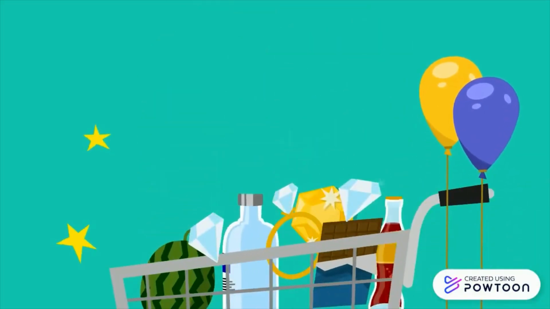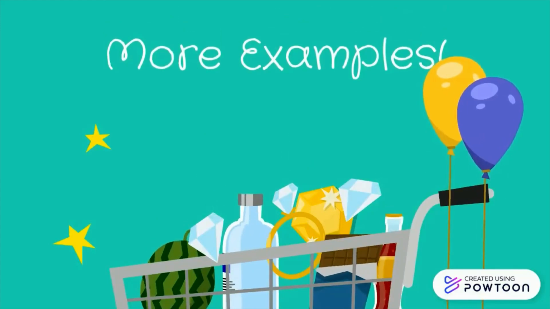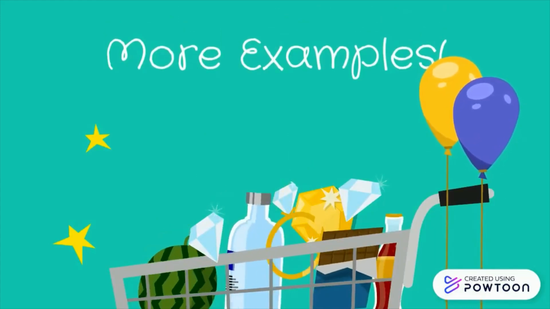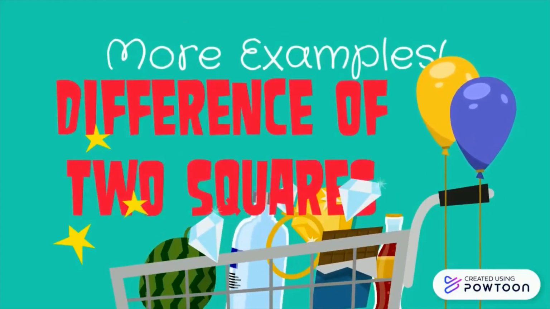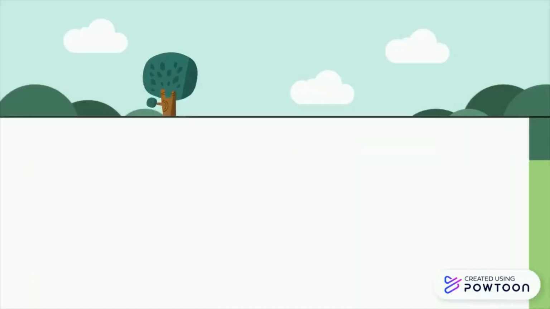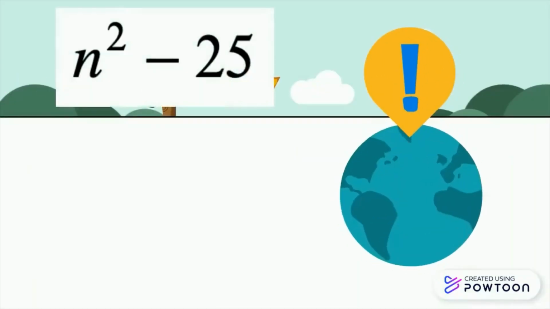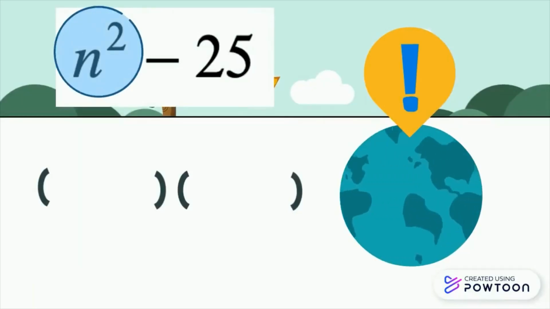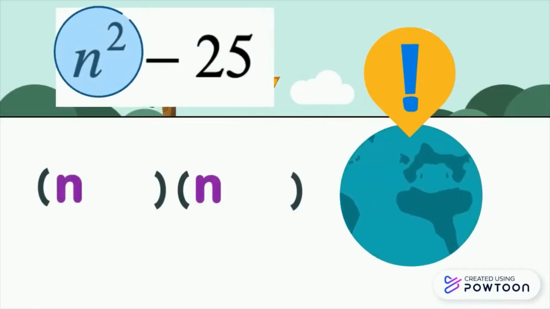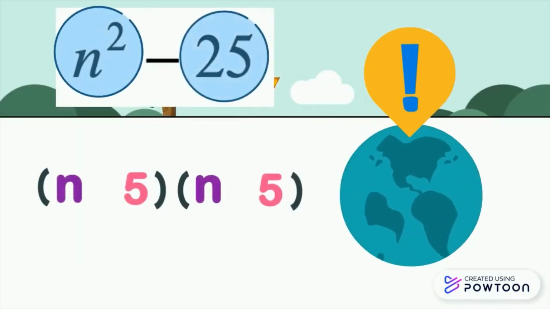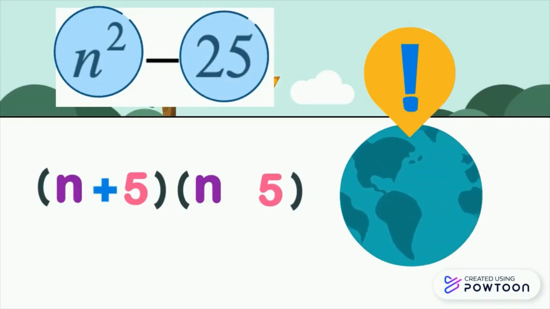Let us have more examples of factoring the difference of two squares. The square root of n squared is n. The square root of 25 is 5. The factors are quantity n plus 5 times the quantity of n minus 5.